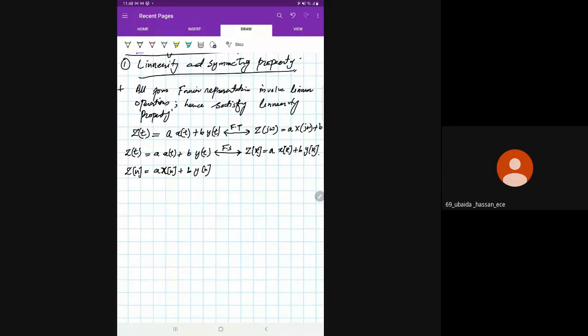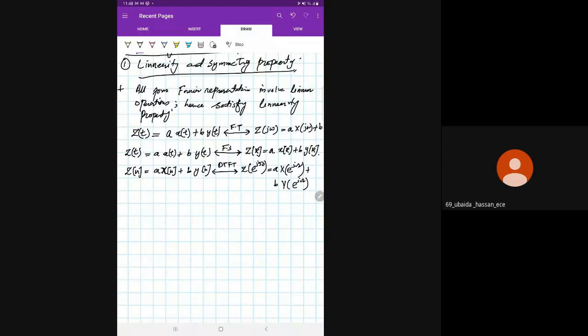What will be its discrete time Fourier transform? We know the Fourier transform of x of n is x of e raised to power j omega. So z of e raised to power j omega will be equal to a times x of e raised to power j omega plus b times y of e raised to power j omega.